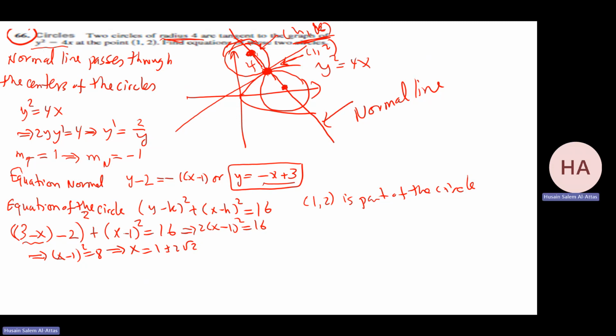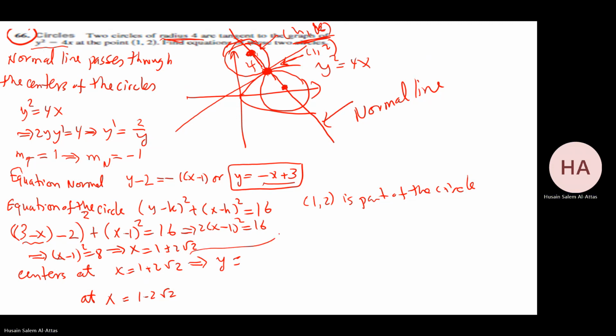So the centers should be what? One of them at x equals 1 plus 2 root 2, and the other one at x equals 1 minus 2 root 2. If you have x, you can get y, which is just substituted here, since it passes through the line.